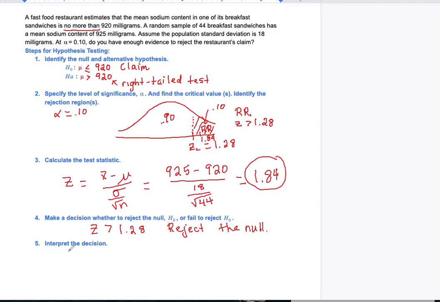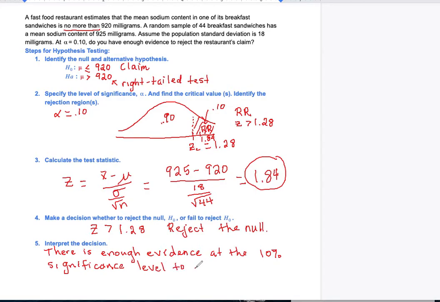We can interpret this decision by saying there is enough evidence at the 10% significance level to reject the restaurant's claim.